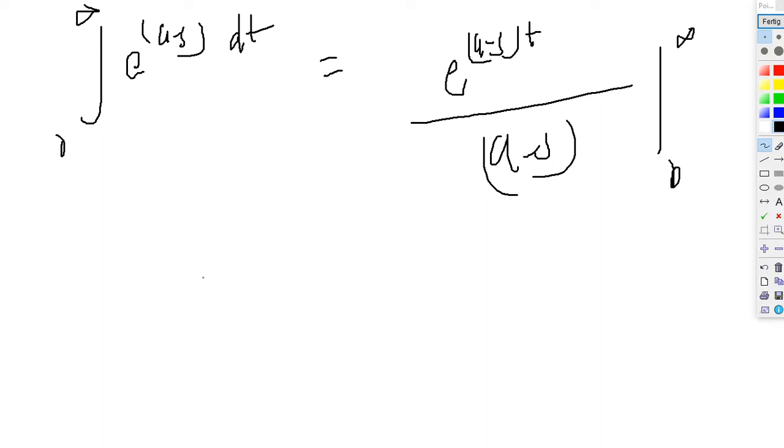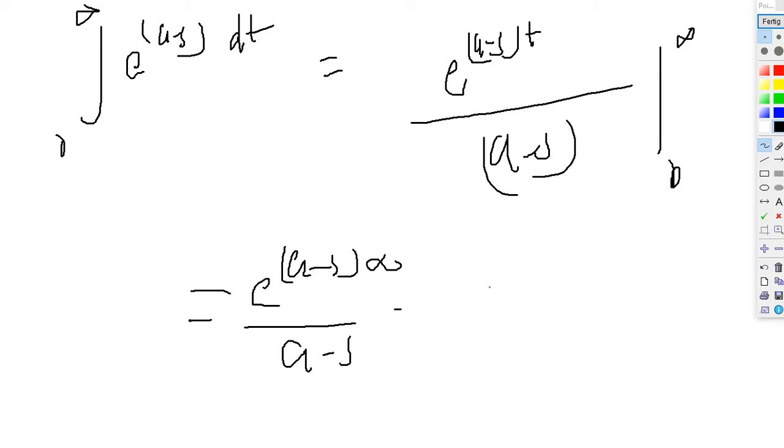Putting in the limits, for infinity we get e to the power (a minus s) times infinity, divided by a minus s, minus e to the power (a minus s) times 0, divided by a minus s.